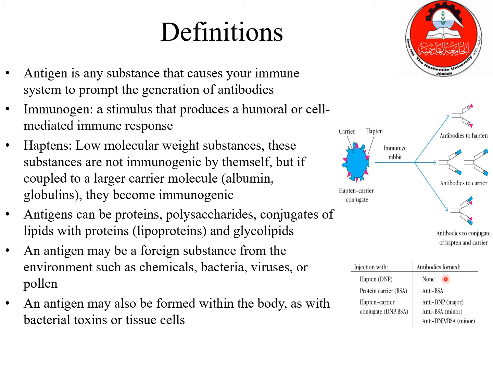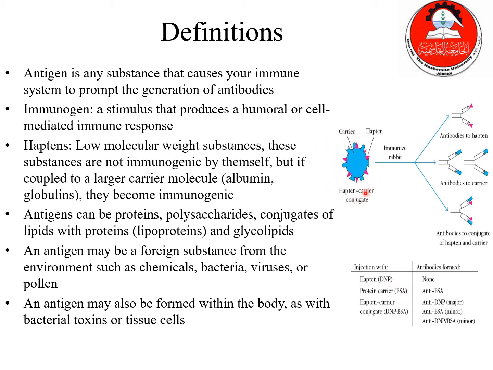They are non-immunogenic by themselves, so there is no response from the immune system towards them, so there is no formation of antibodies. The carrier itself is immunogenic, and it is going to produce antibodies against the carrier itself.